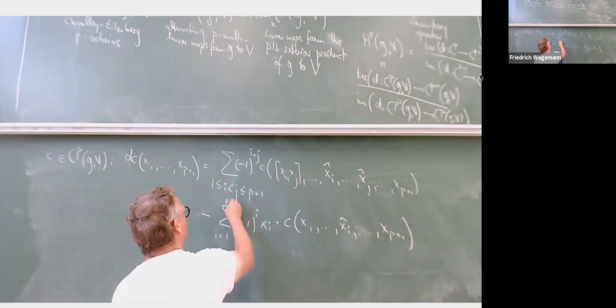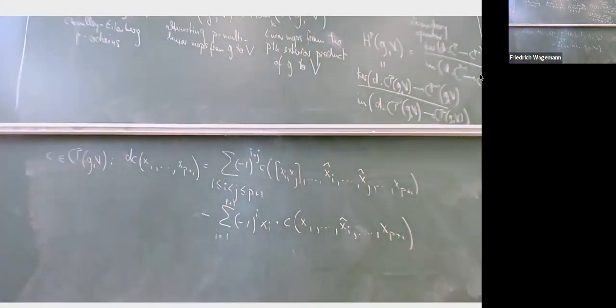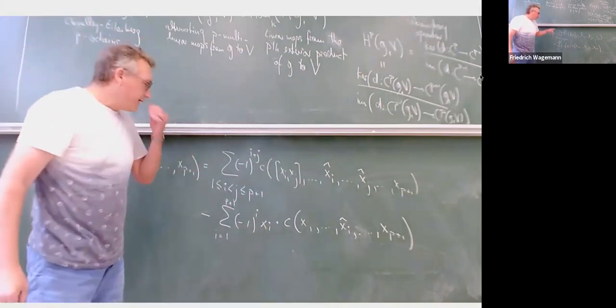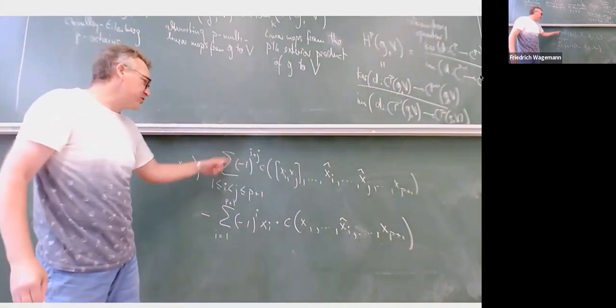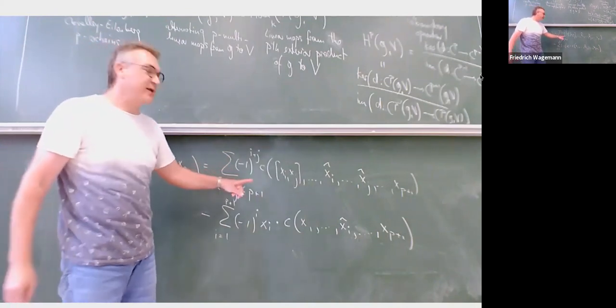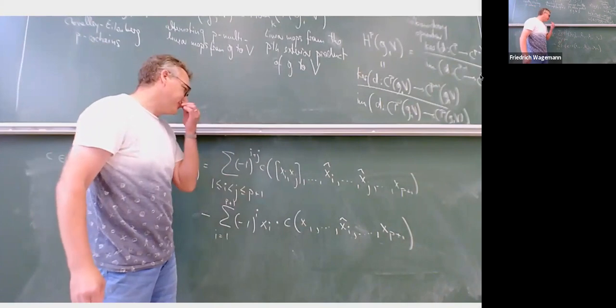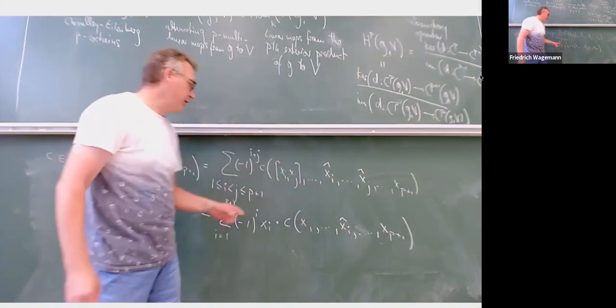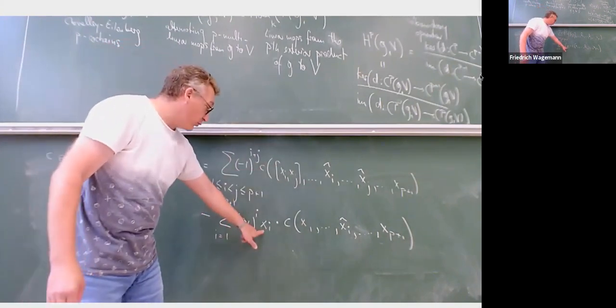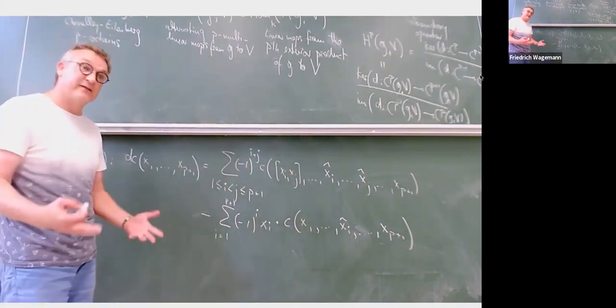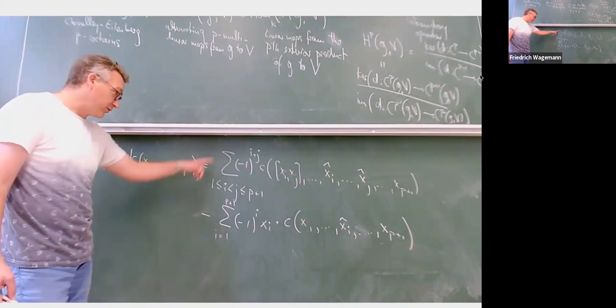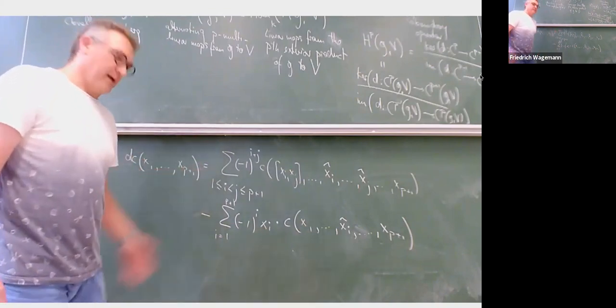What is important here is that the signs are in such a way that there is a relative negative sign. This is the sign rule.